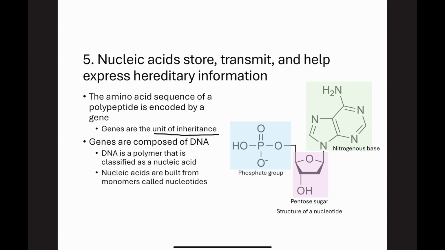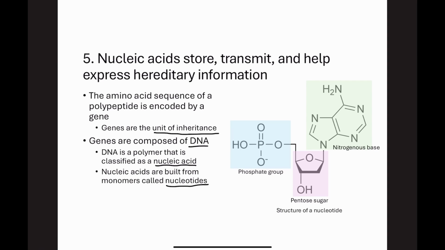A gene consists of DNA, which is a polymer known as a nucleic acid. And nucleic acids are polymers made up of nucleotide monomers. And we have two different types of nucleic acids.